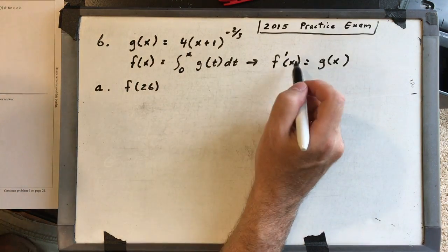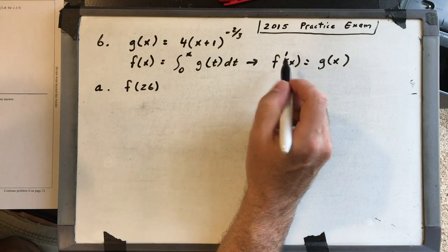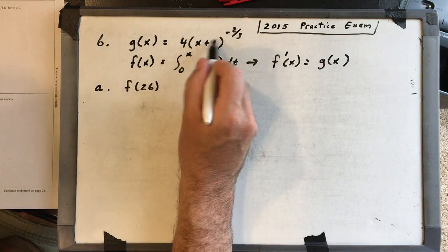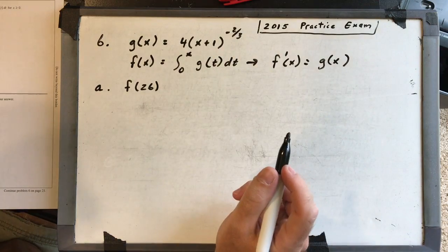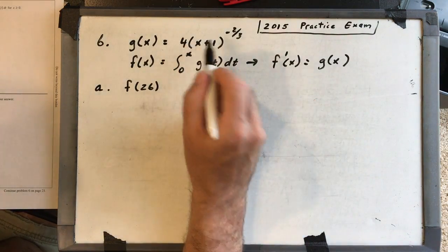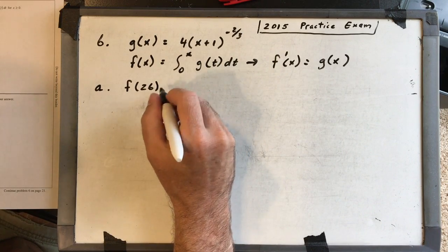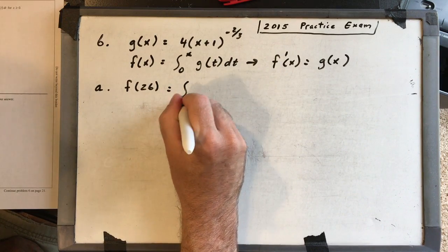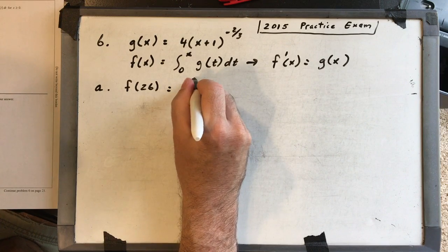To get f of 26, since we know that g of x is also f prime of x, what you have to do is integrate from 0 to 26.